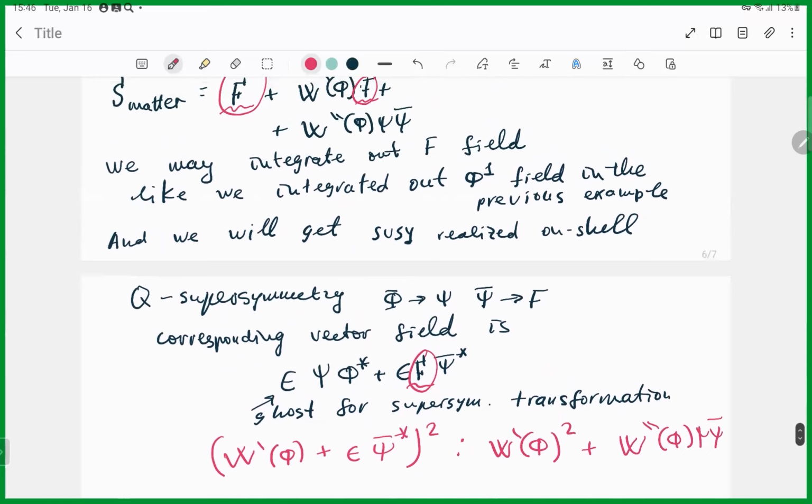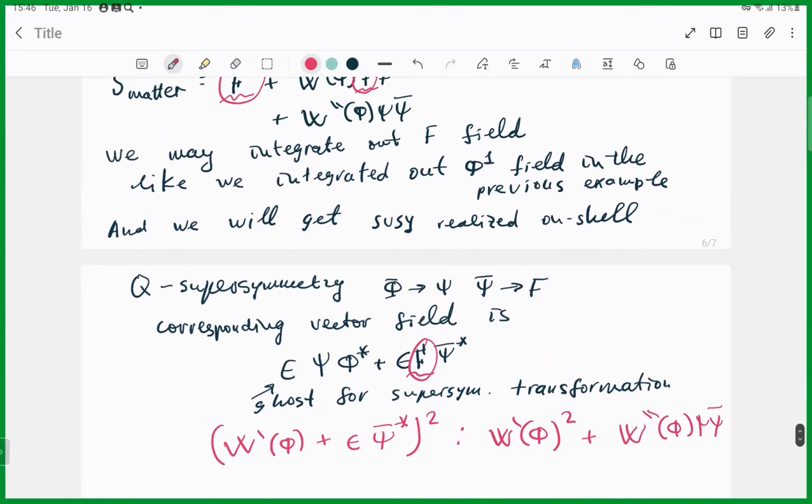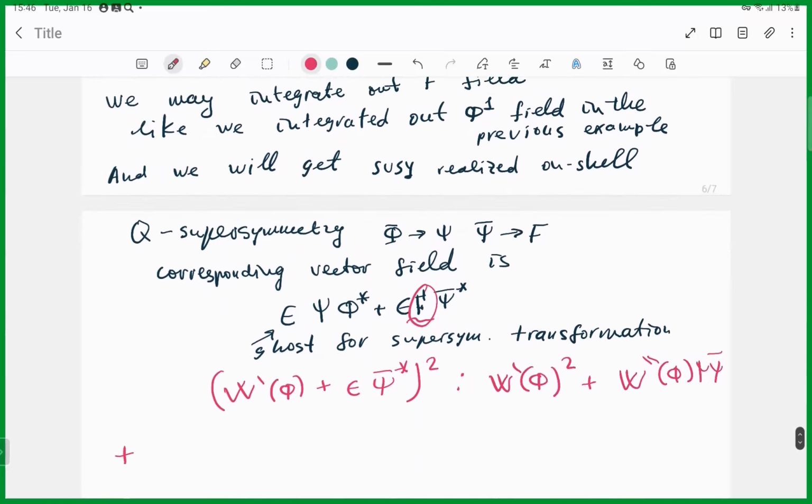Plus epsilon psi phi bar plus epsilon psi bar star W prime of phi. So there is something like 1/2, but I don't care about it.